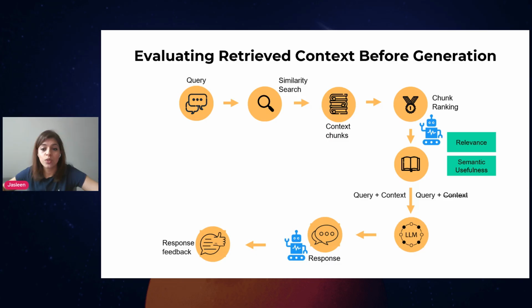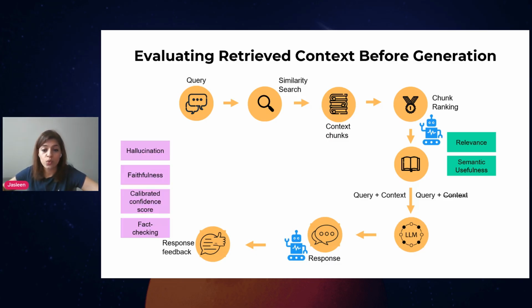Now it's time to evaluate the output itself. The agent scores the response on several critical dimensions. Hallucination detection, which checks if the answer is actually grounded in the retrieved context. Faithfulness, which checks if the output stays true to the original source material.